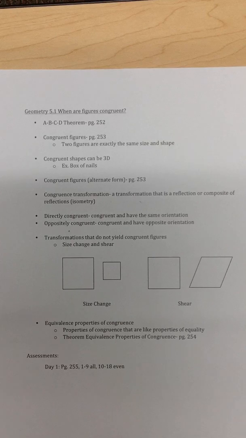Same thing if you go to the store and buy a 12-pack of Mountain Dew. All of those cans of Mountain Dew should be exactly the same size and shape. Okay, you don't want to buy a thing of Mountain Dew and one can's super small and one can's super big or something like that. That wouldn't really make a whole lot of sense. So you want every single one to be congruent. So those would be examples in real life of congruent: bolts and nuts, or cans of pop.